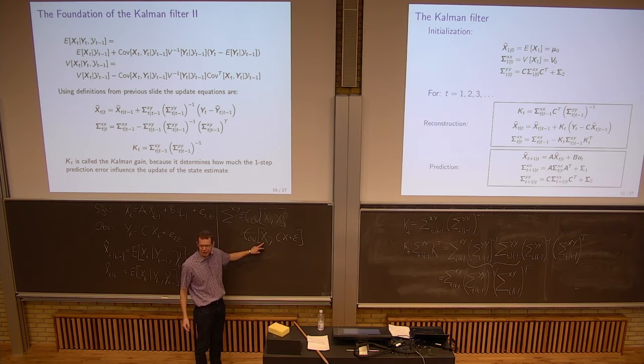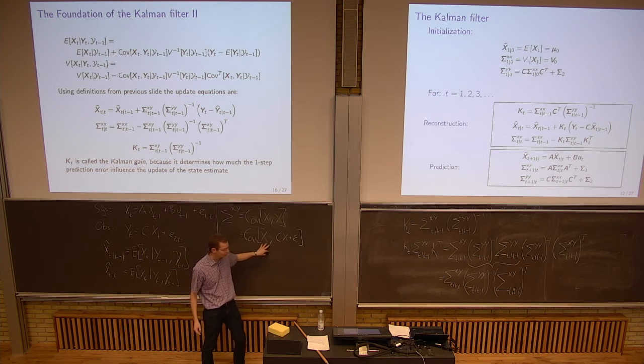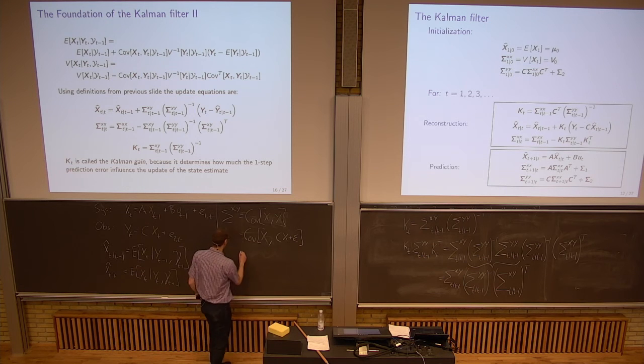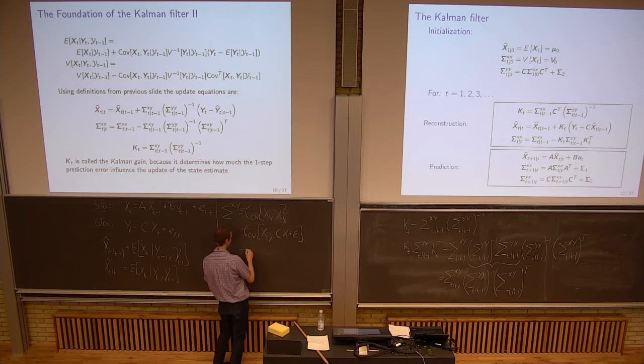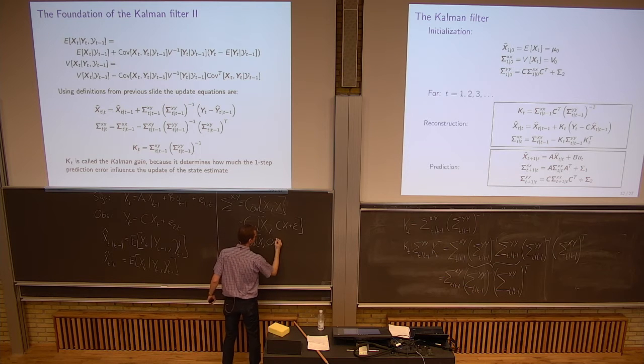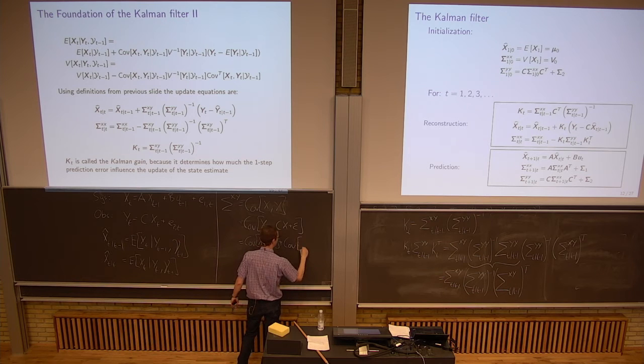This is a linear operator. So I can look at the first term and the second term independent of one another. So it's the covariance of x comma cx plus the covariance of x comma epsilon.